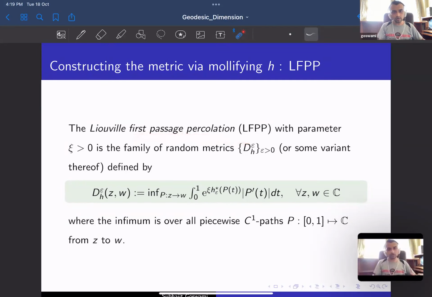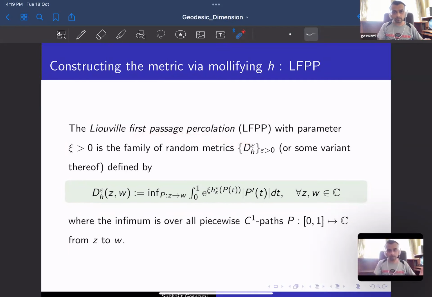So for those who know, in probability theory, it's a very active area of research. A very rich model of random metrics on graphs is first passage percolation. So what do you do there? Imagine, let's say, you take the hypercubic lattice, let's say Z2, the simple lattice Z2.